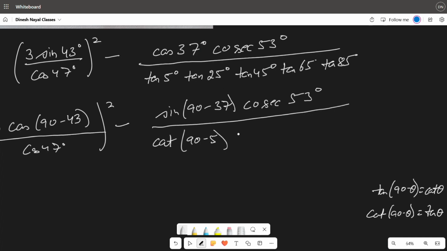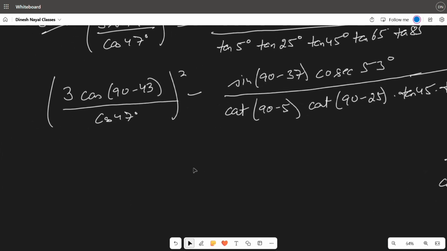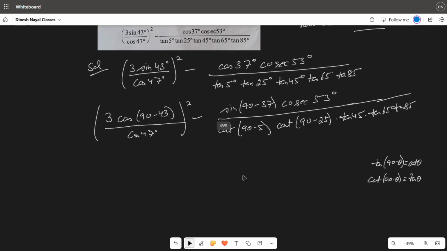Similarly, tan 25 we can write as cot 90 minus 25, and this is tan 45, tan 65, and then tan 85. This question has become quite big.